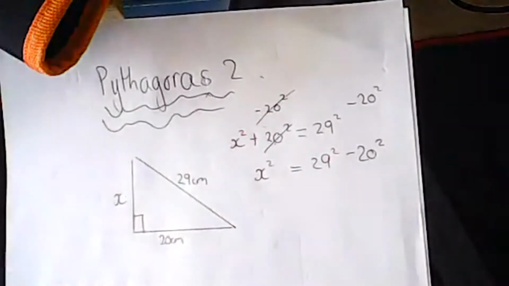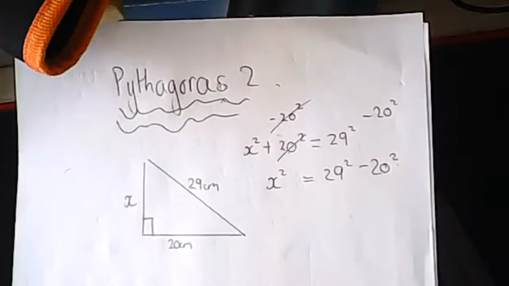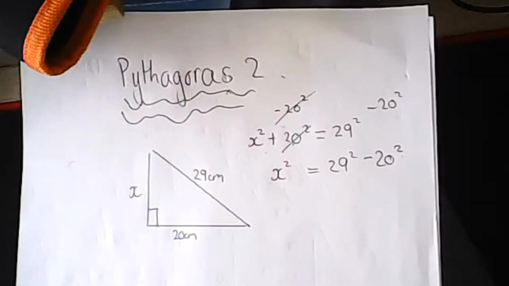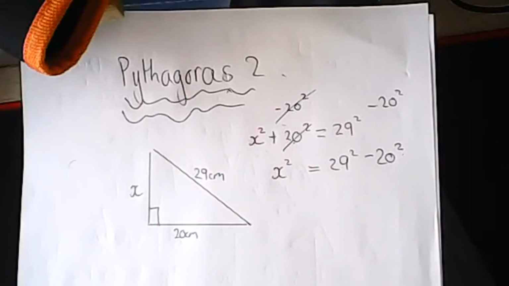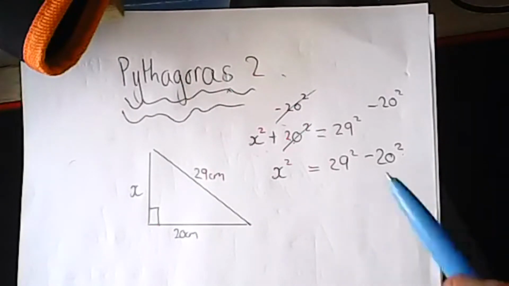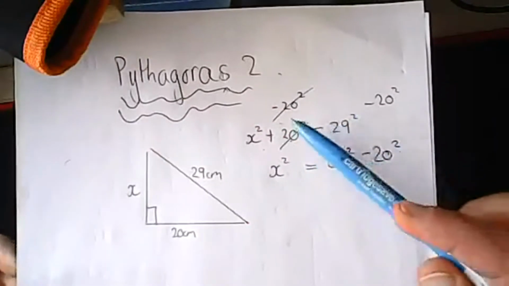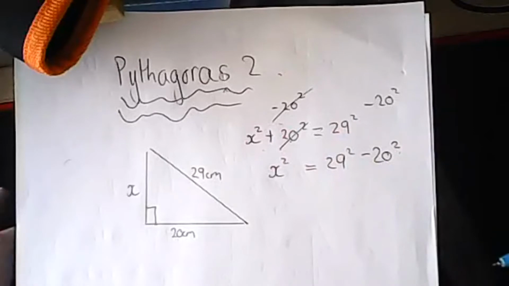Okay, all our teachers at the moment are trying to avoid this phrase, this shortcut, which is change the side, change the sign. That's a kind of old-fashioned one now. We've got to try and think more about balancing the equation, doing the same thing to one side as to the other. Maybe further on you could perhaps use that little trick, but you've got to understand this concept first.